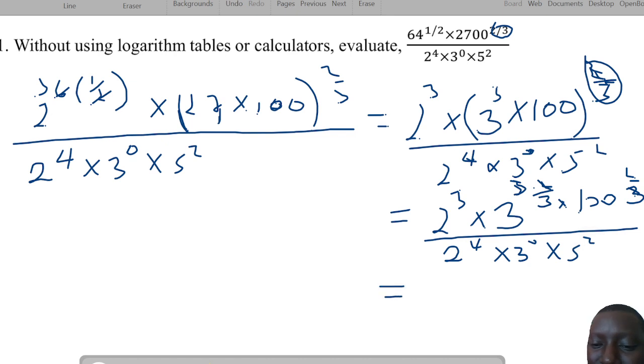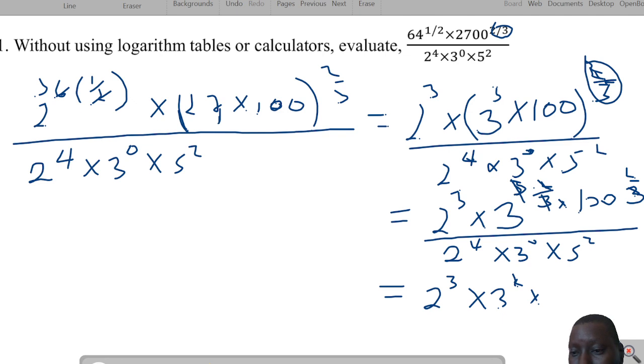So basically class, we'll have 2 power 3 as the first part. The second one now, these 3 and these 3 are going to cancel, so we'll remain with 3 to the power of 2. Then times 100. Remember 100 is the same as 10 power 2.